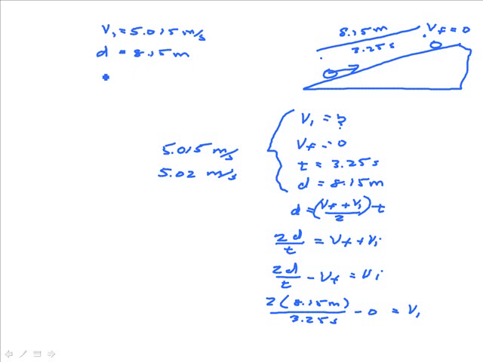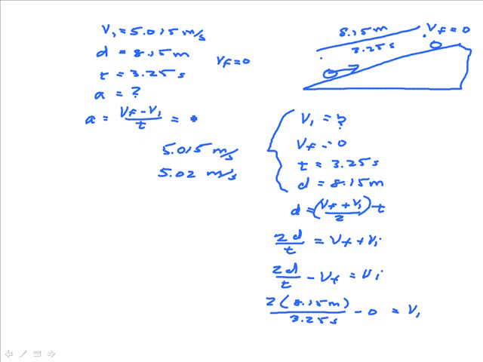The time was 3.25 seconds, and we want to know what the acceleration was. We might want to look at using this equation where a is equal to, and we of course also know that Vf is equal to 0. We might want to look at the equation a equals (Vf minus Vi) over t.